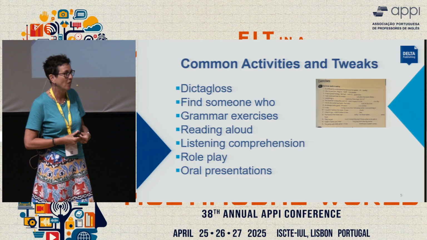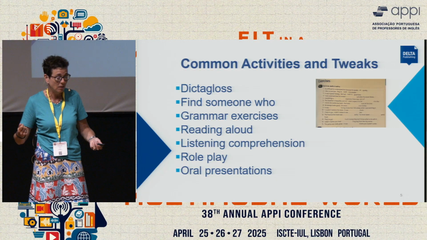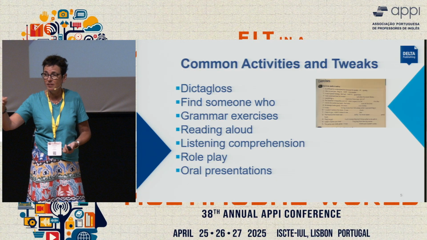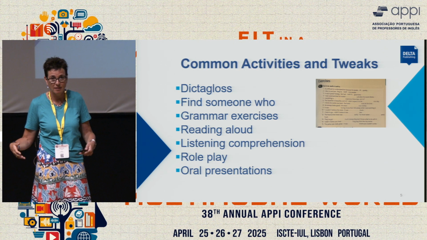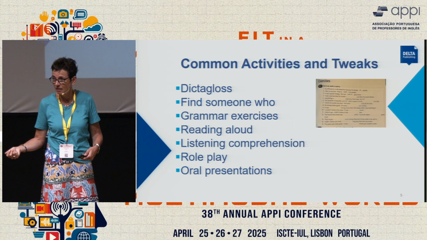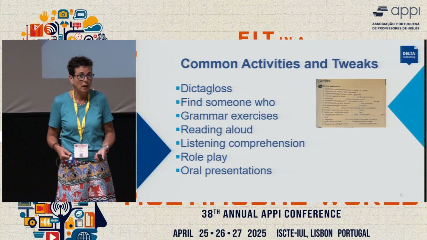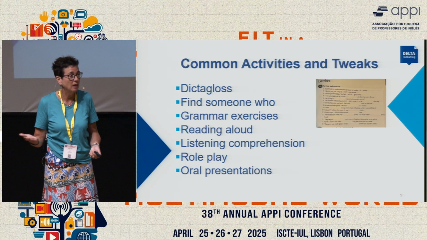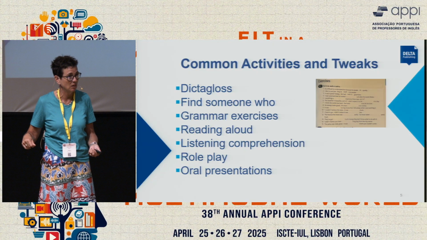So, it could be find a friend, or it could be sit in your seat, don't move, and write the name of somebody you know who likes football, plays tennis, does these things, in or inside the classroom. Or it could be look around the people in the classroom and think, who do you think likes these activities?